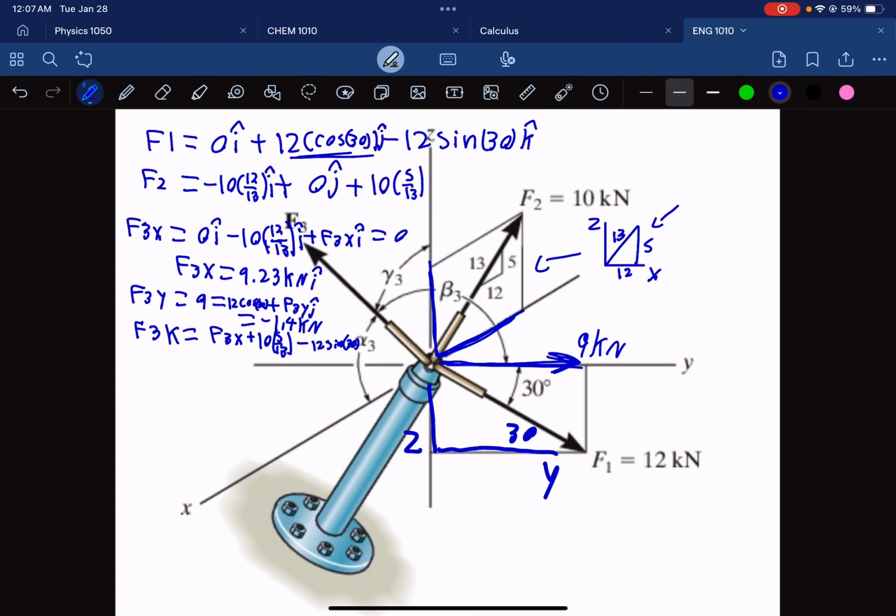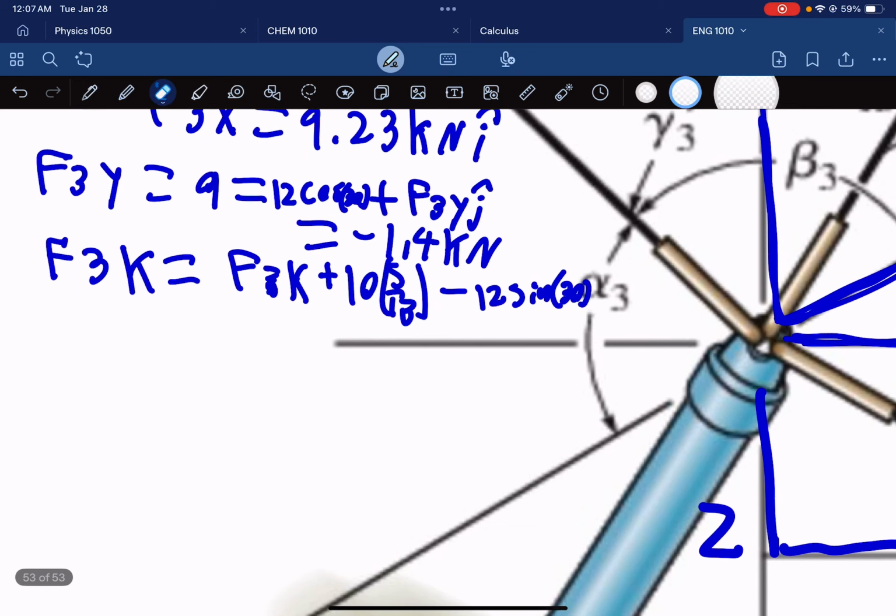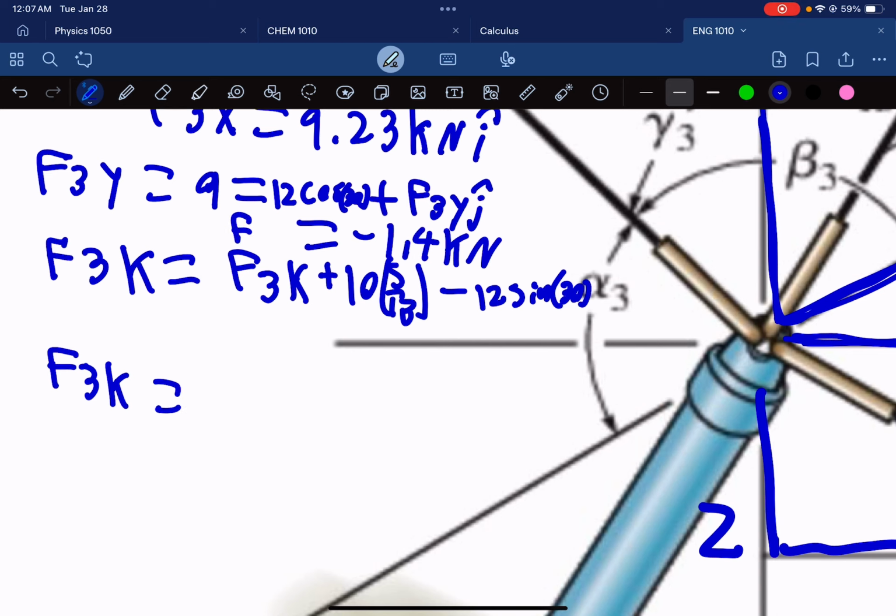And what we want to do now is solve for our f3k. So f3k equals, it should be 2.15, because if you put it in your calculator, we are going to bring them over. So these equal 0.